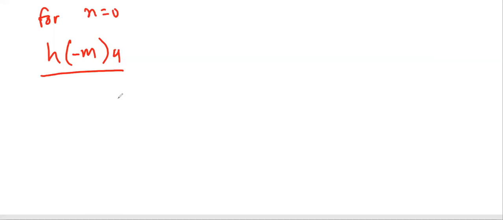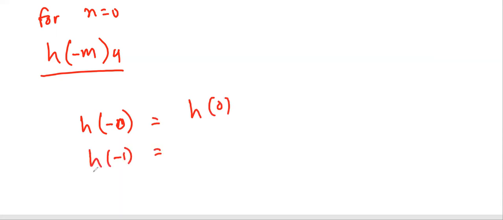So how can you find those values? Let's put that for the 0th sequence of m. We have put m equals to 0, so this is equal to h0. If we go for h1, first location, this is minus 1.